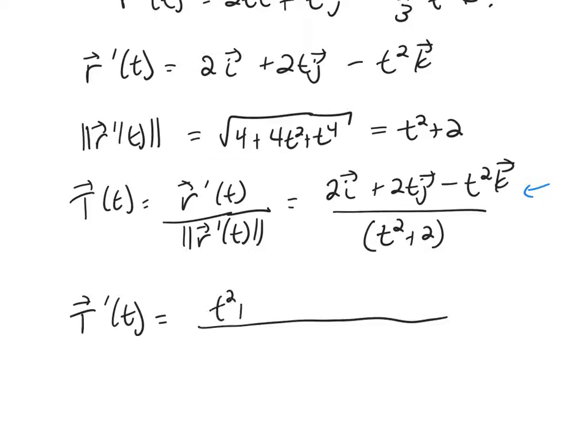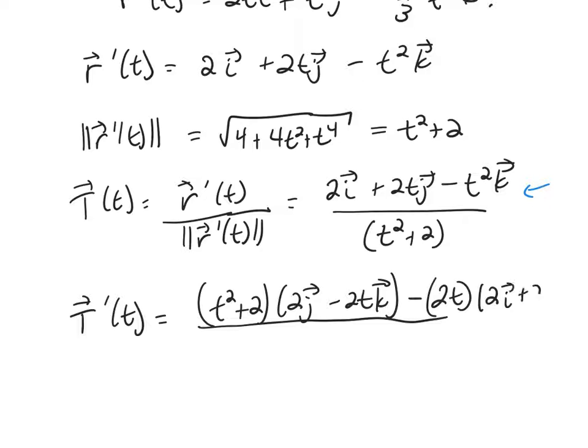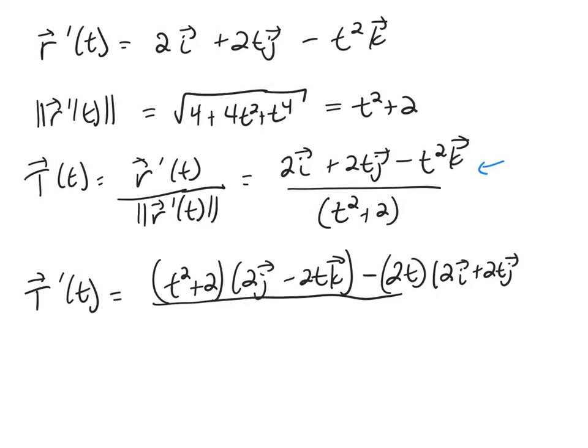We have the bottom, and then the derivative of the top would be 2j minus 2t k, minus the derivative of the bottom, which is 2t, times the top, all over the bottom squared.